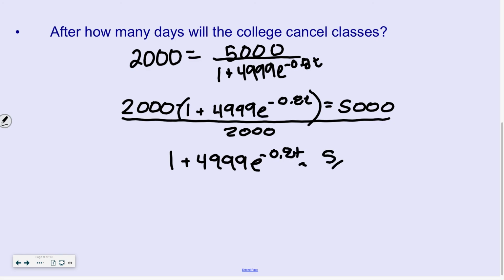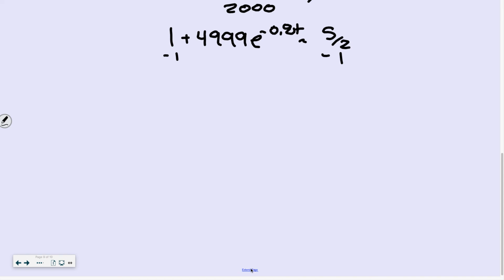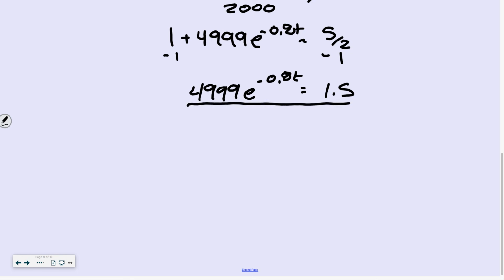I'm going to say 5 halves. You'll subtract the 1 from both sides. That'll be 4,999 e to the negative 0.08t equals 2.5 minus 1, which is 1.5. And then divide by 4,999.